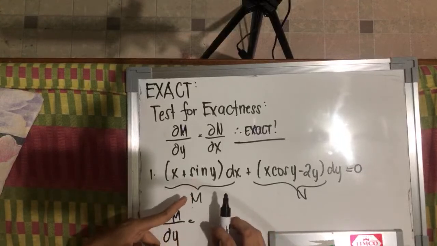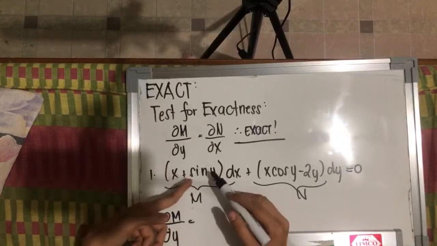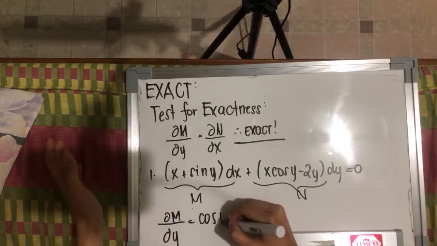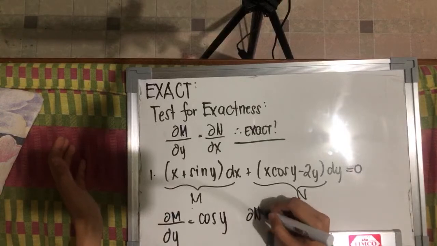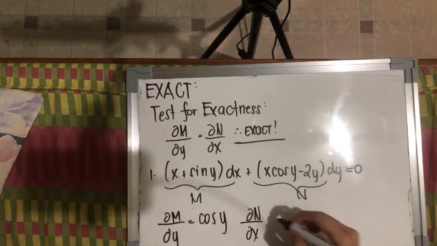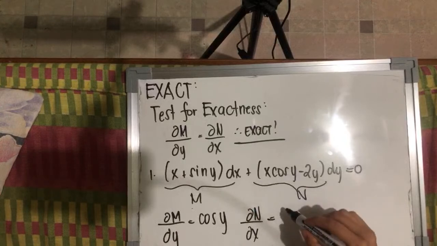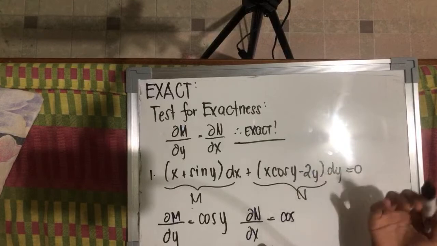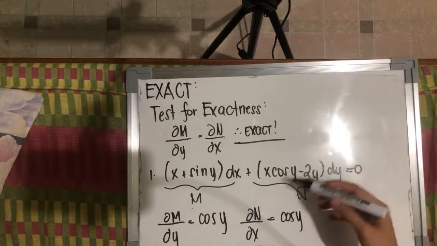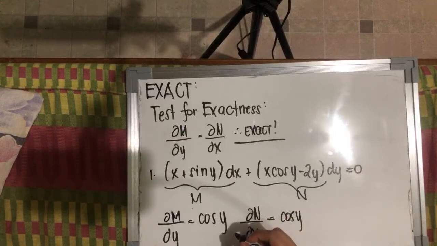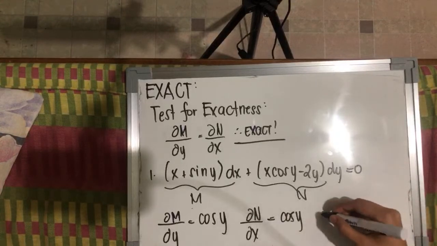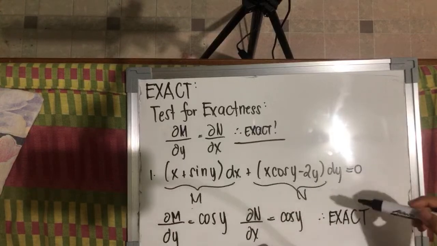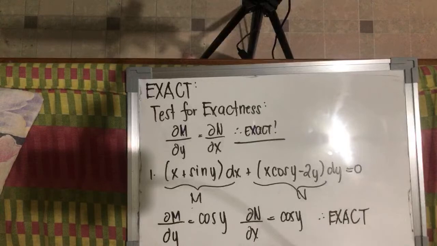So, dito, since sin y lang naman, so, ito makakancel siya. So, cosine y. So, partial derivative of n naman with respect to x is, since ito lang din yung may x, so, cosine y. Kasi, derivative ng x is 1. So, cosine y lang yan. Ito, wala na. So, since equal silang dalawa, therefore, pwede mong ma-solve itong function na to through exact.